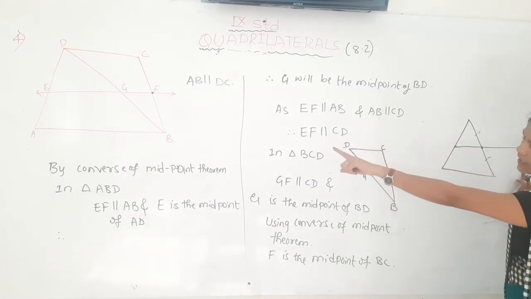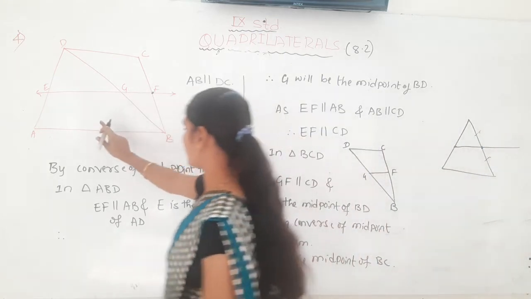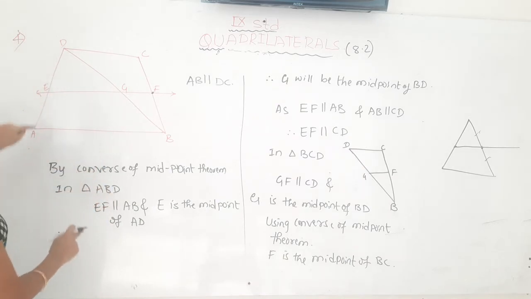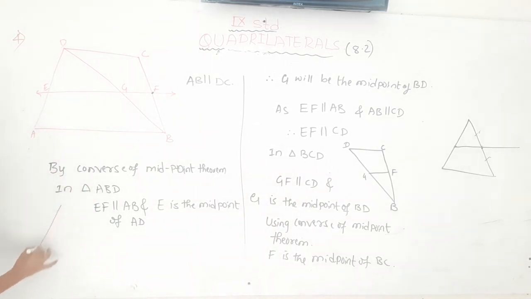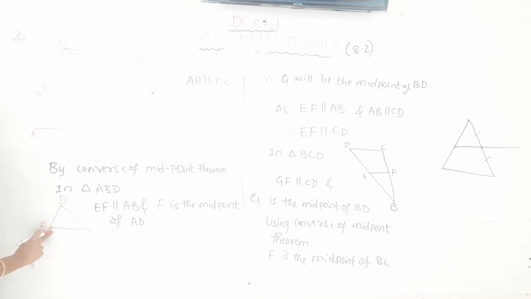In the same way, if you apply this in triangle ABD, the point E is a midpoint of AD, and this is a line drawn from the midpoint of one side of a triangle, so it is parallel to the second side and also bisects the third side.